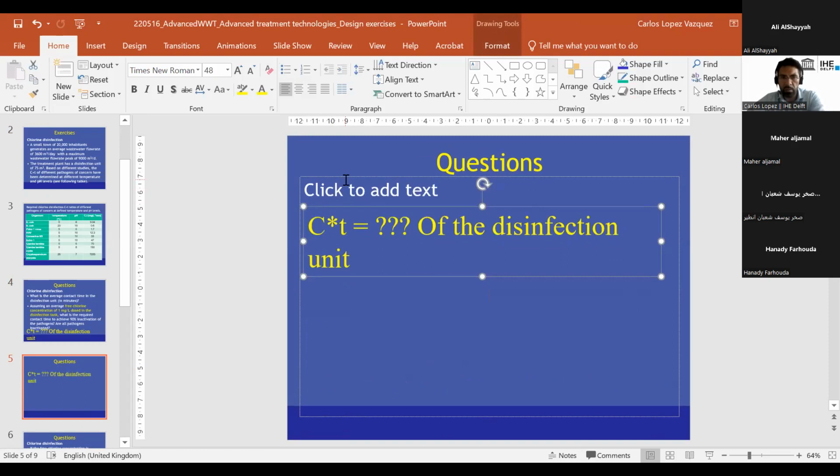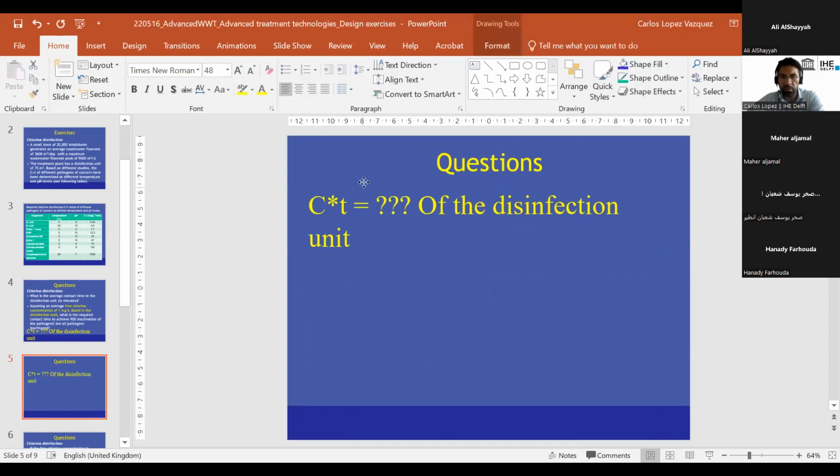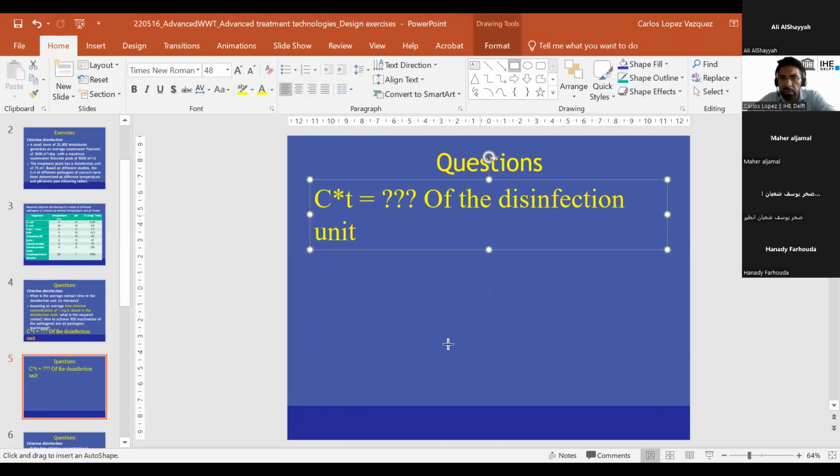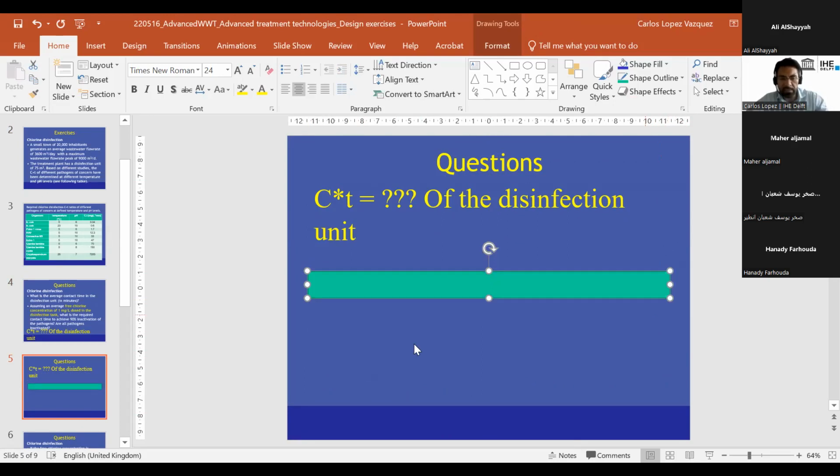So we have a disinfection unit. The disinfection unit is usually an elongated tank. It is a tank that is built with a length to width ratio of around 1 to 20.